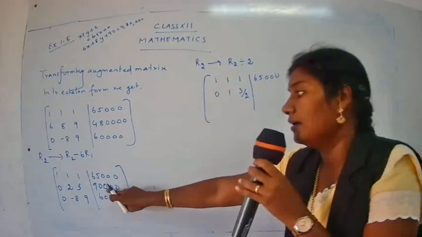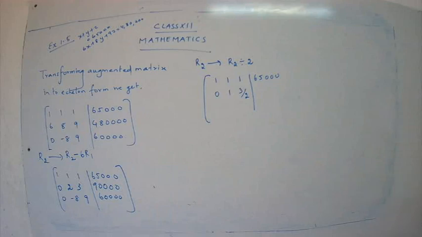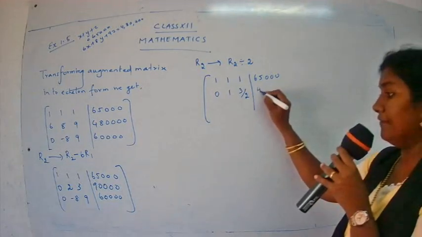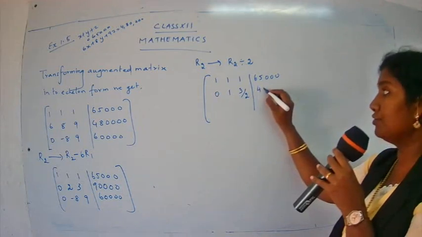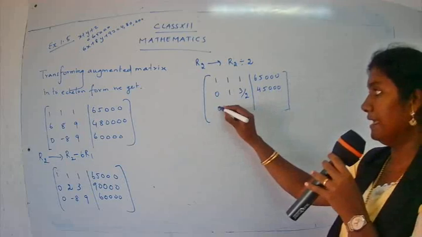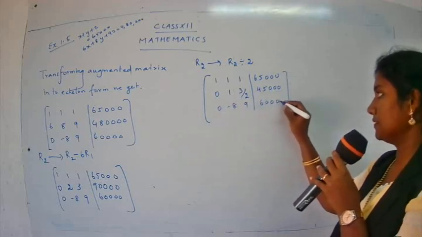What is 90,000 divided by 2? Half of 90 is 45. So you get 45,000. Remaining as it is, minus 8, 9, 60,000.